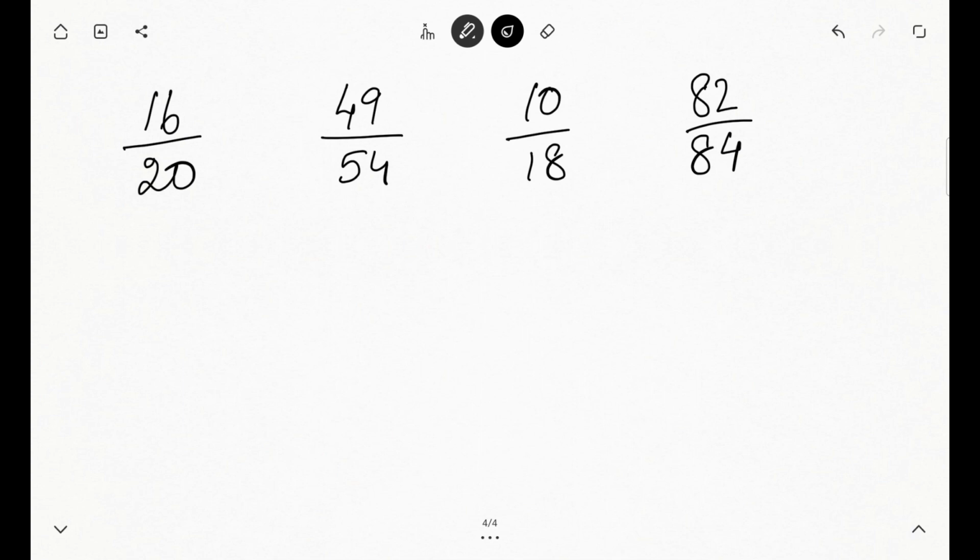By now you know that our first step is to find the difference between the denominator and the numerator of each and every fraction. In this case, the differences come to 4, 5, 8 and 2.